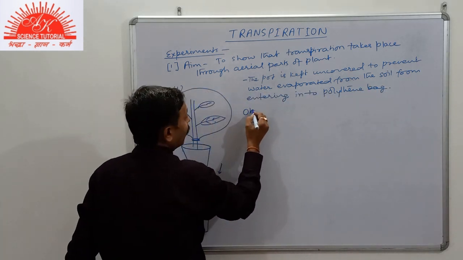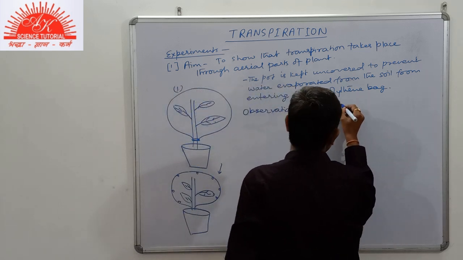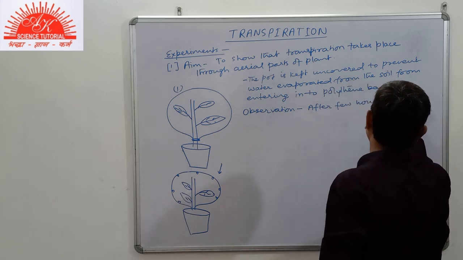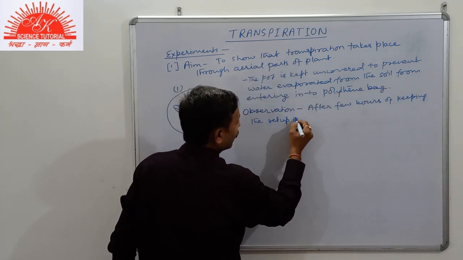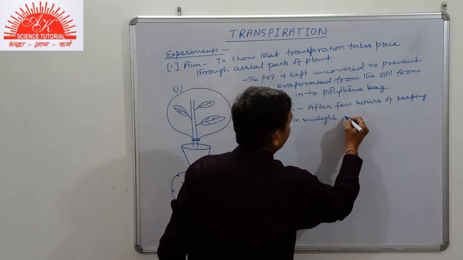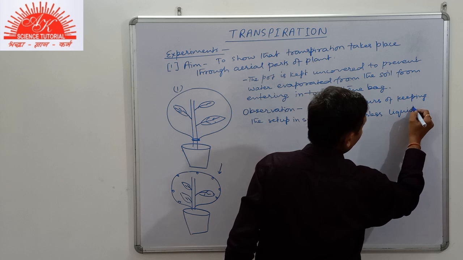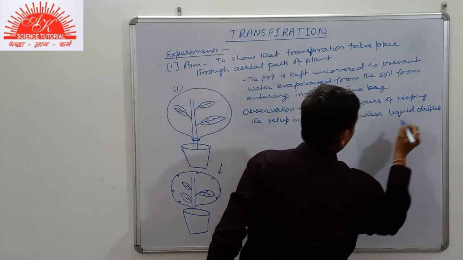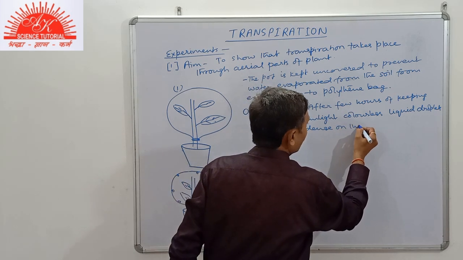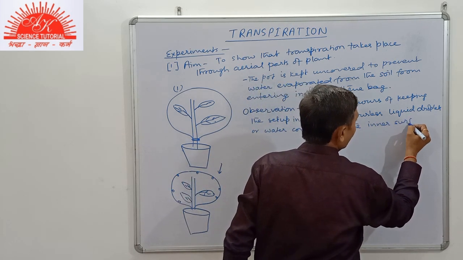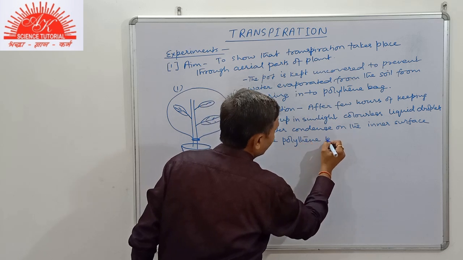So we have to write here the observation: after a few hours of keeping the setup in sunlight, colorless liquid droplets or water condense on the inner surface of the polythene bag.